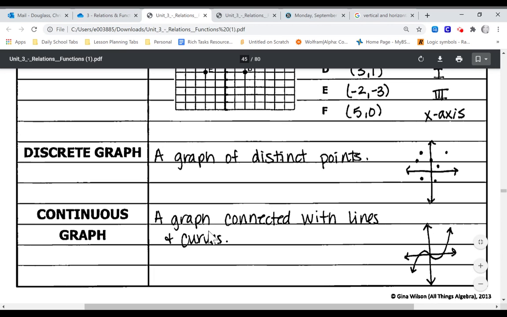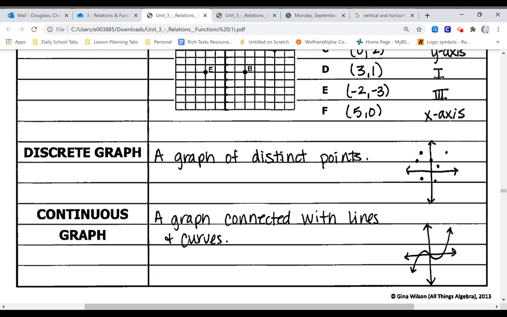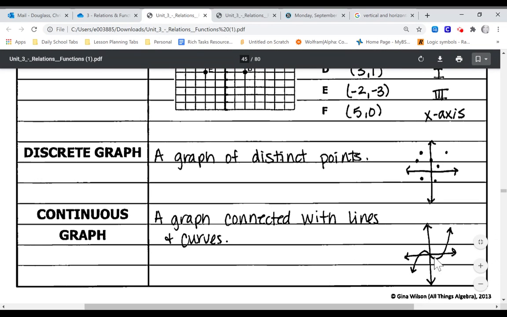This is when there are infinitely many points graphed and they're connected by a smooth curve. You don't have to pick up your pencil to draw all the points this time. So this curve represents all the points along the way, infinitely many of them. And so when you draw a curve such as this one, you call this a continuous graph rather than a discrete graph.